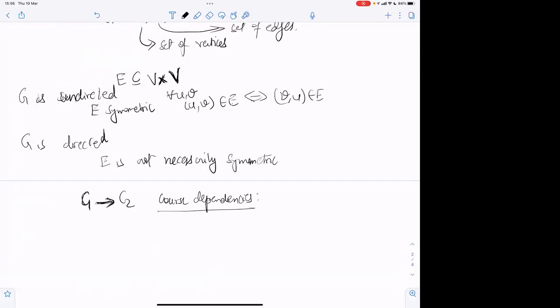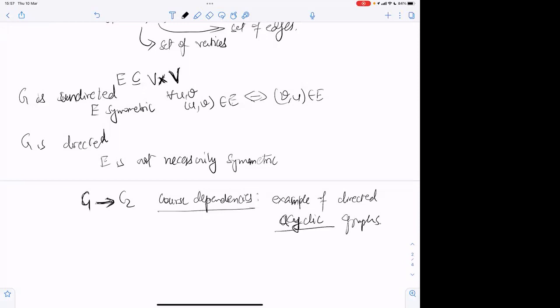Course dependencies are an example of directed acyclic graphs. What does an acyclic graph mean? If you start from a vertex and start walking on the graph, taking an edge out of every vertex you reach, then you cannot come back to the original vertex. Are you with me?